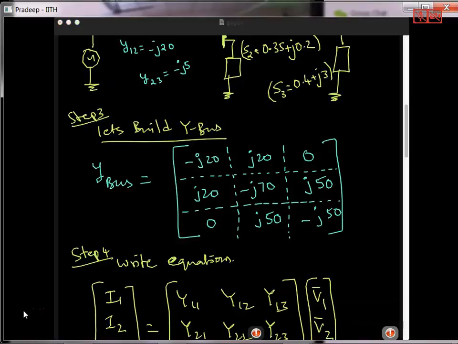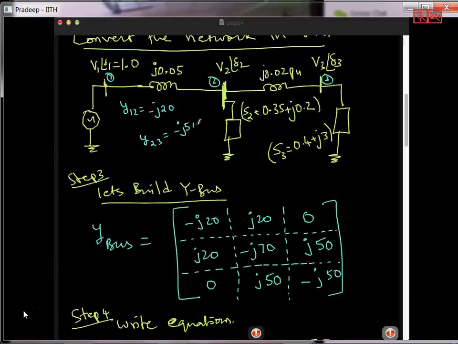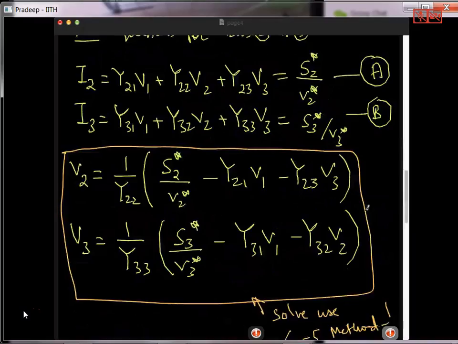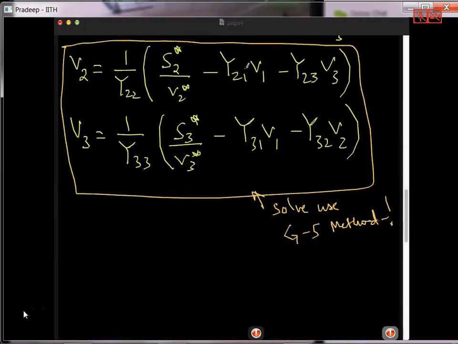So again, thanks to JTU Kakinada for giving the correction. So this is 50. So 1 by 0.02 is 50. Okay, so now go back. So these two equations I will solve using Gauss-Seidel method.